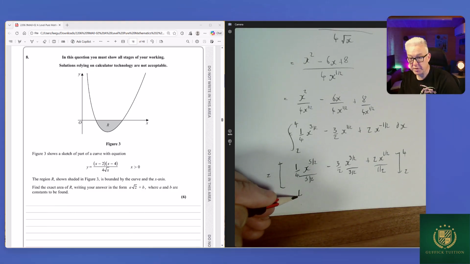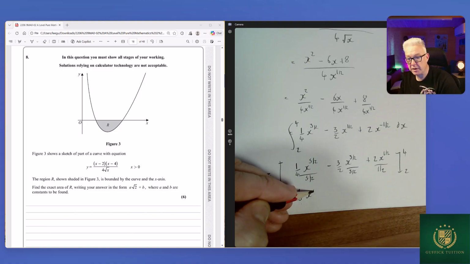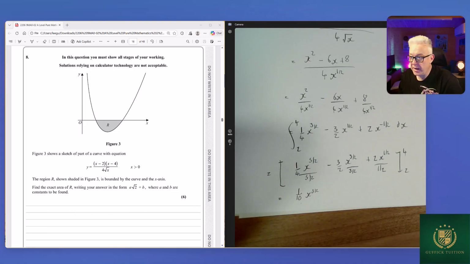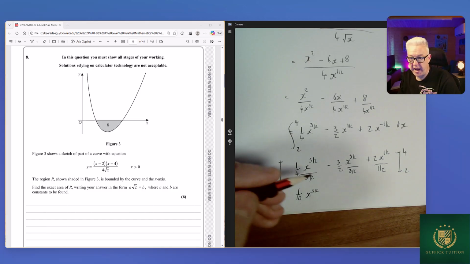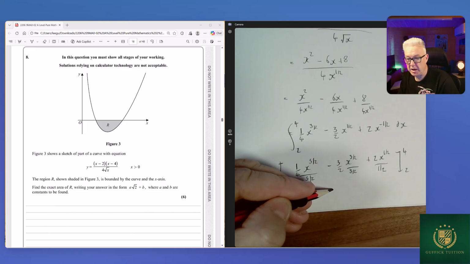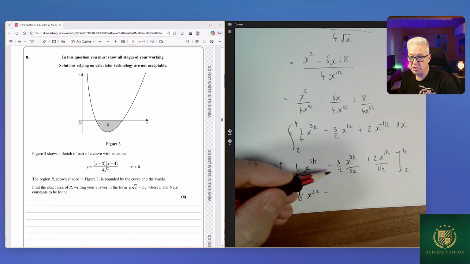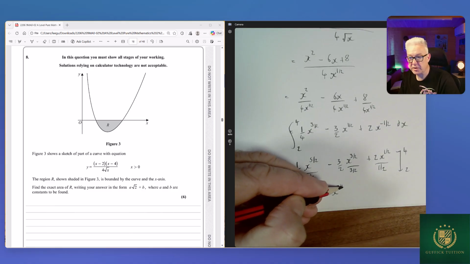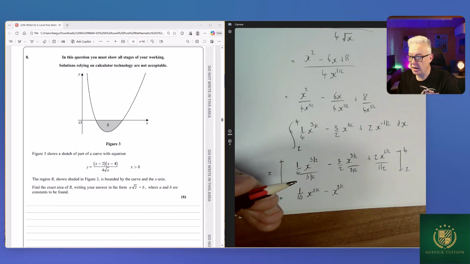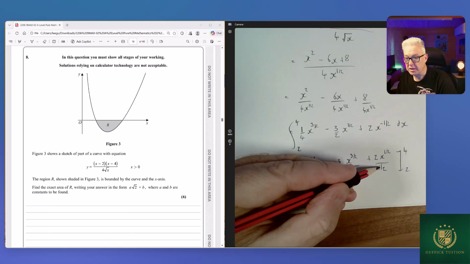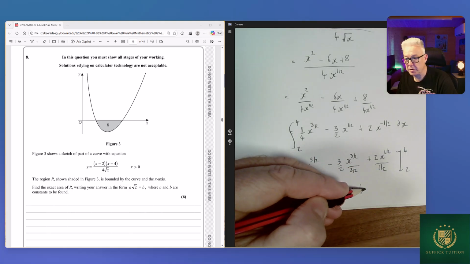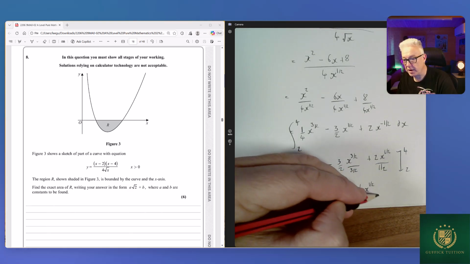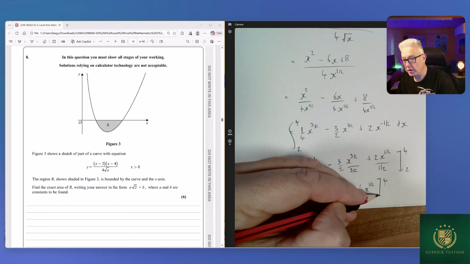So that's going to end up as 1/10 x to the 5 over 2. Then we're just going to end up with x to the power of 3 over 2 here, because 3 over 2 times by 2 over 3 is 1. And then plus 4, because divided by a half is the same as times by 2, so plus 4x to the half, all between 4 and 2.